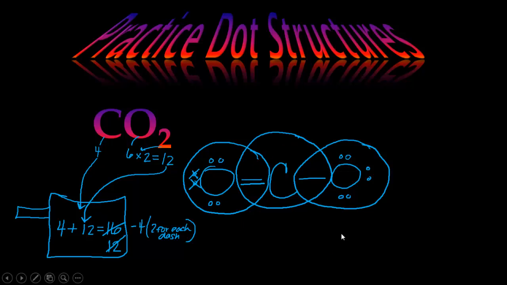Now what we're going to see happen in this case is that it's going to steal from the other oxygen also. So instead of taking 2 more from the first oxygen and making a triple bond and a single bond, because they are both CO bonds, it's going to try to make them as equal as possible.